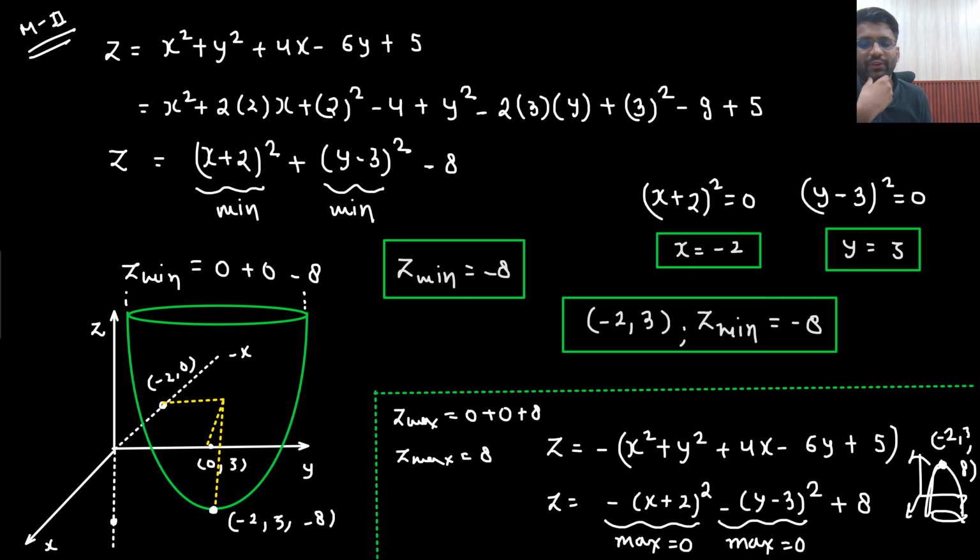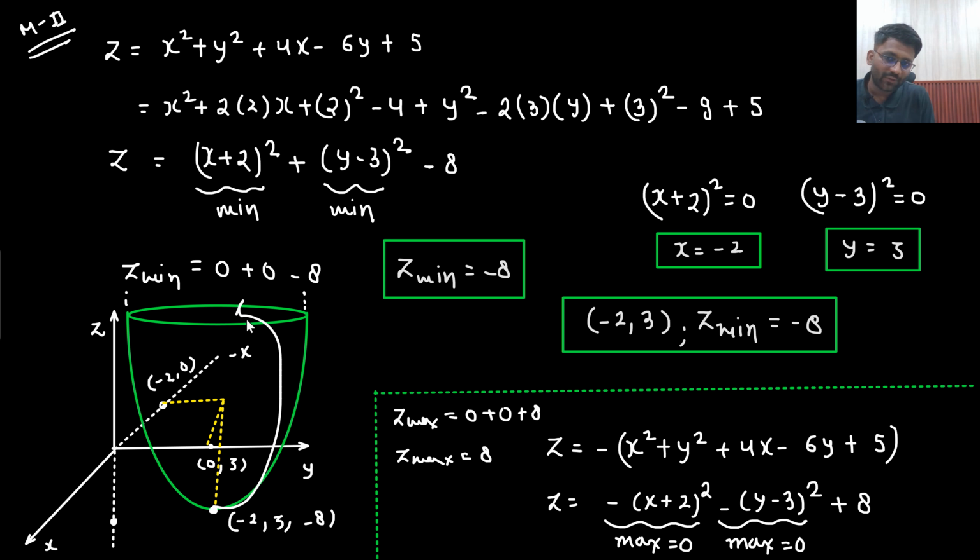Are you able to visualize? If you are not able to visualize, you can simply solve the problem, but I just want to give the visualization. I hope I am giving good enough visualization. Just by putting the negative sign, this would go upward. Value of z, if it was minus 8, would become plus 8. So plus 8, and the bowl would look downward. Initially it is looking upward like this, then it would look downward. So the upper point would become 2 comma 3 comma plus 8.